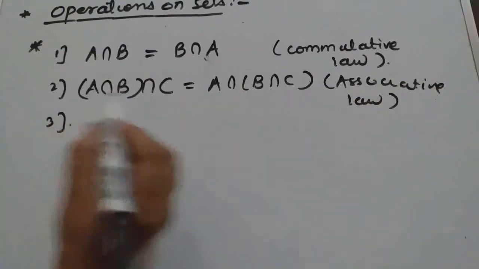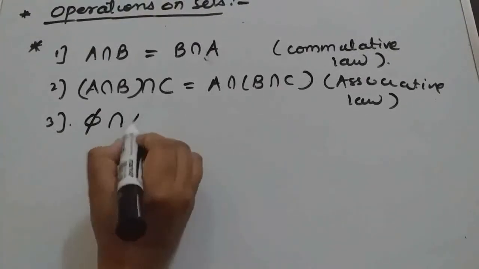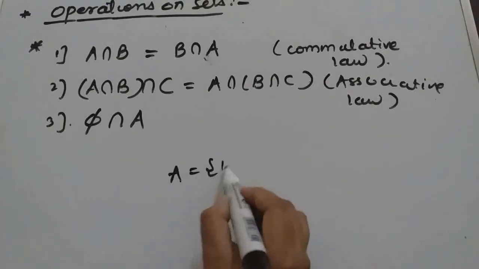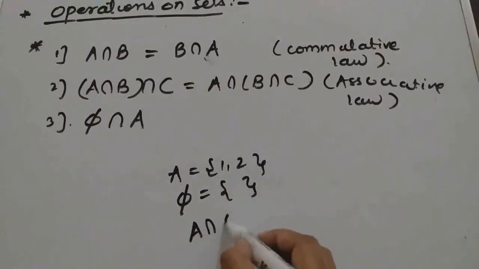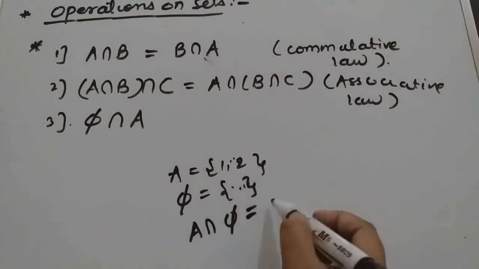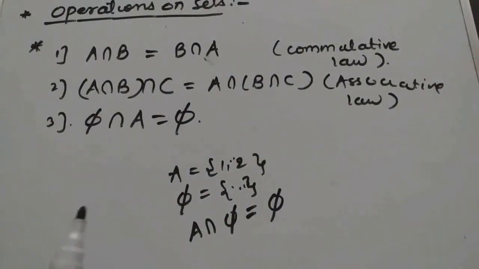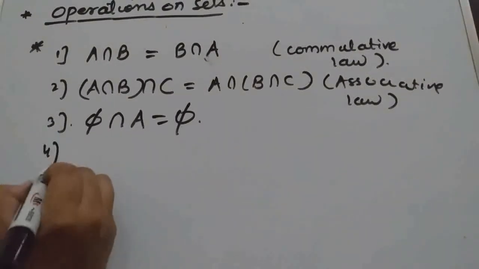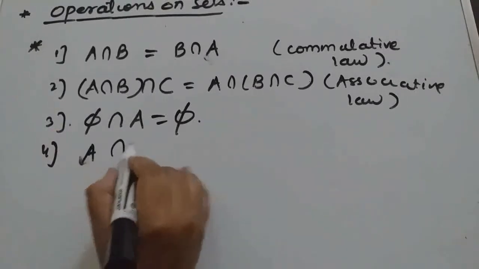Now law of identity. So phi intersection A. Here things will be different. Suppose A is 1, 2 and phi is the empty set. So A intersection phi will be, here nothing is common between two sets, so empty set. And intersection with universal set.